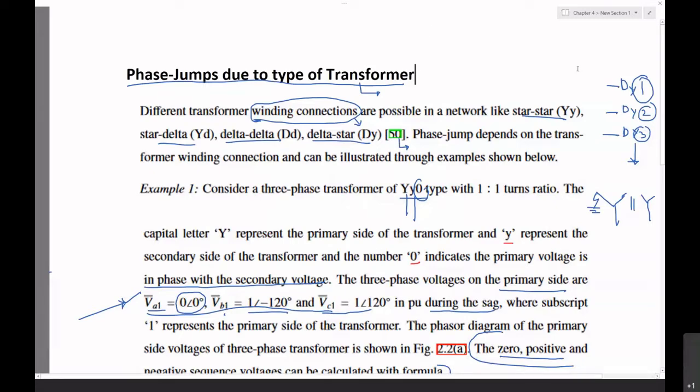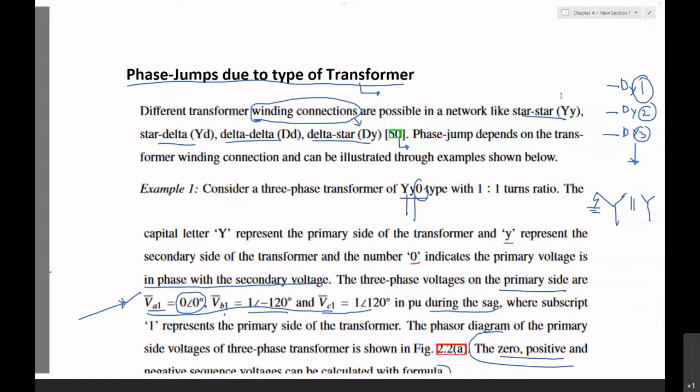In the last class we have seen about the voltage quality and the effects of the voltage quality. Also, when you look at the voltage side, apart from the magnitude reduction, there will be a phase jump also.